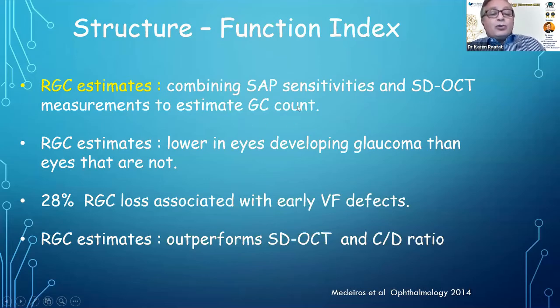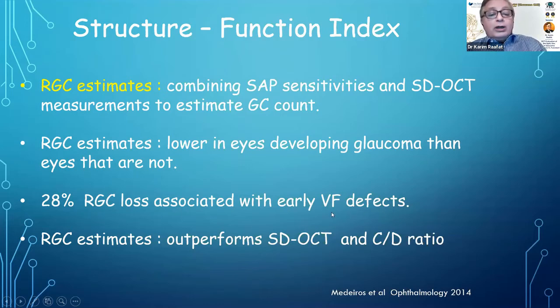They give an estimate of the ganglion cell count, how many cells are counted. And when compared to animal models with experimentally induced glaucoma, they match very well. So with these retinal ganglion cell estimates, there is a lower count in eyes developing glaucoma than in eyes which are not. And 28% was confirmed against these studies.